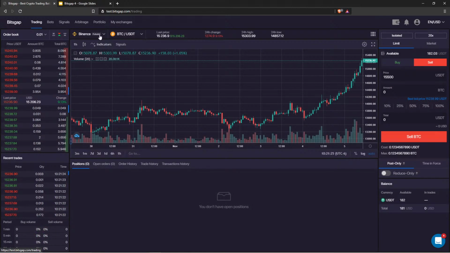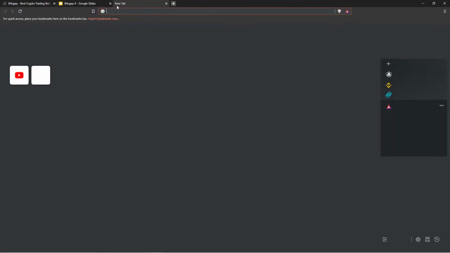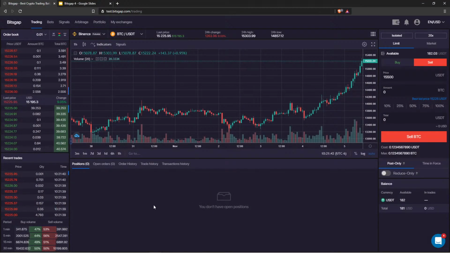So an all-in-one platform to monitor your positions. Futures market, spot market, automated trading. Everything is here, and you don't have to have your Binance exchange open. That really saves time, and that's why we've implemented Binance Futures.